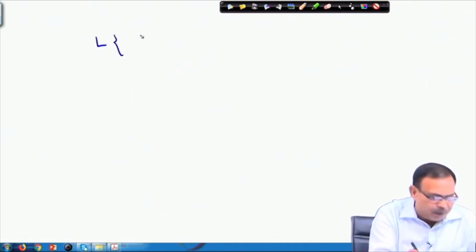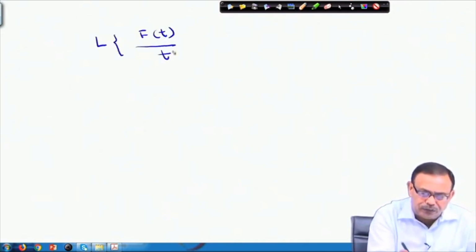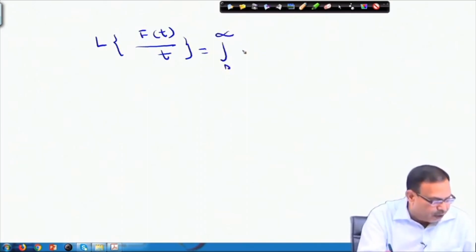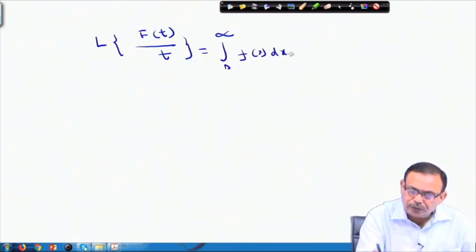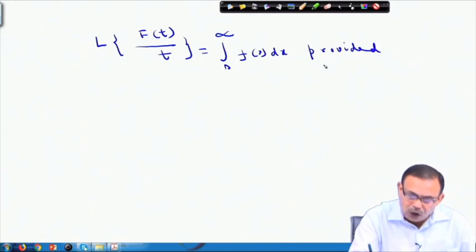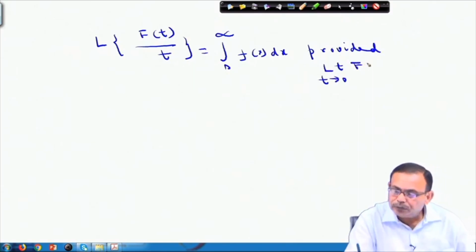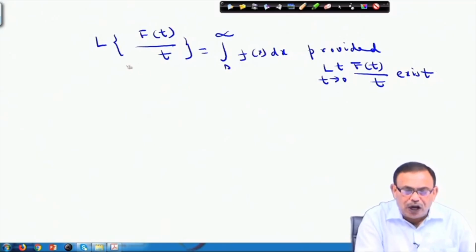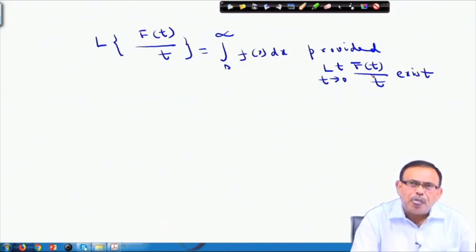for the proof of this one, we know that the Laplace transform of f(t)/t equals the integral from s to infinity of F(x) dx, provided, of course, that the limit as t approaches 0 of f(t)/t exists. This we have seen in the properties of Laplace transform.